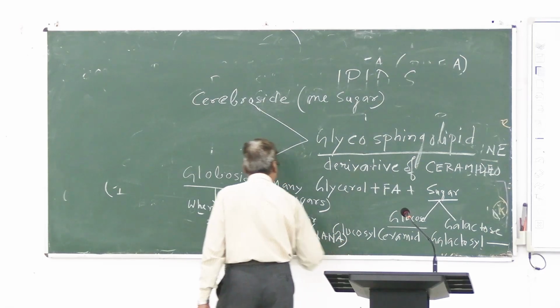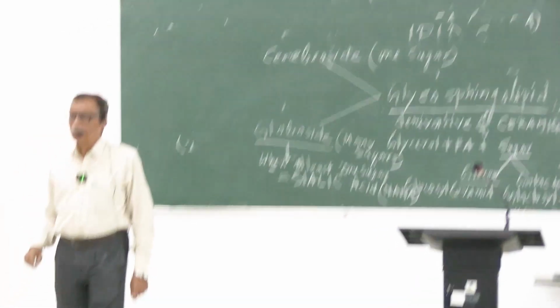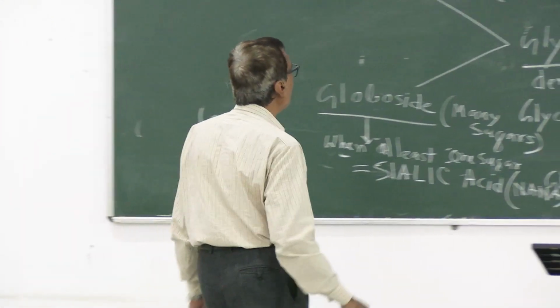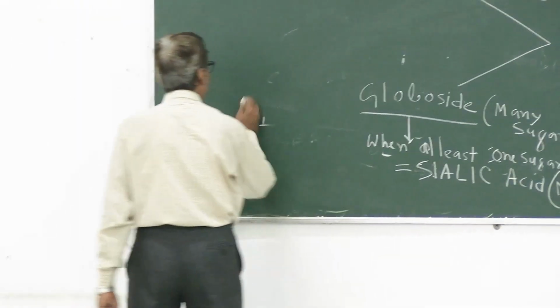This is a derivative of the sugar, not actually sugar, but a derivative of the sugar. When sialic acid is present in the globoside, it is called ganglioside.